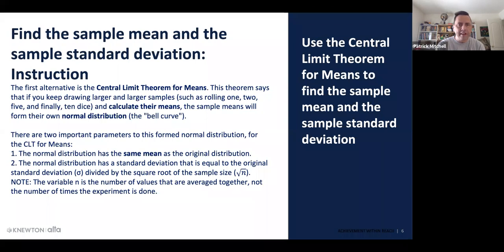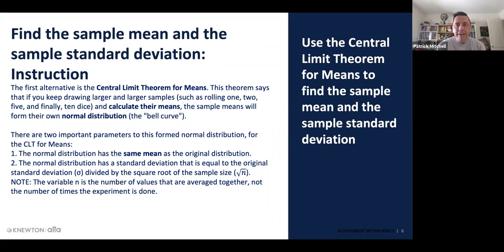This theorem says that if you keep drawing larger and larger samples, for example you roll 5 or 10 dice and calculate the mean of the numbers that come up on those dice, then those sample means will follow a normal distribution. That normal distribution of the sampling distribution will have the same mean as the original distribution.